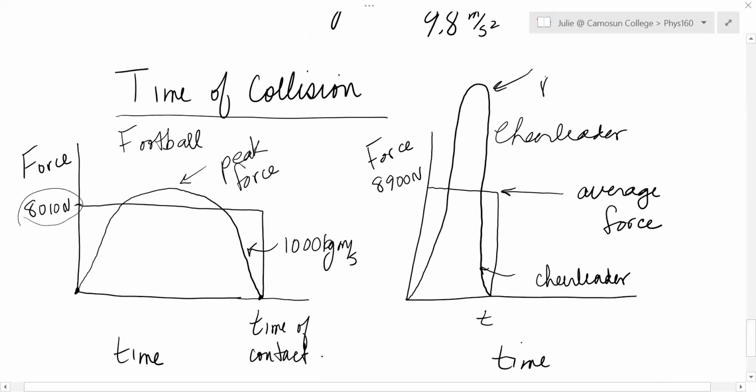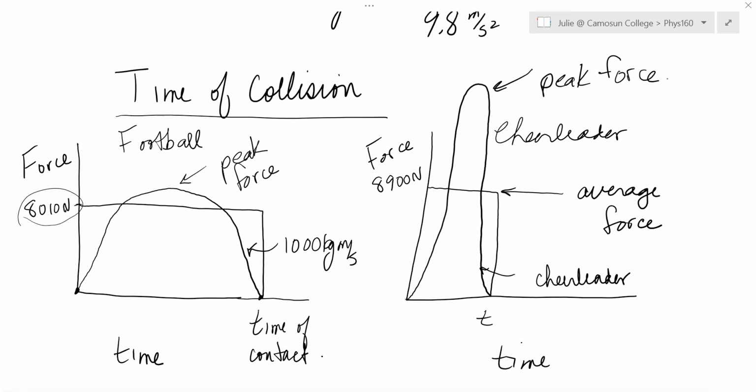This is the peak force, and it's going to be way bigger than that 8,900 newtons. So that's the thing doing all the damage. It's a much bigger force. And so for all the calculations that we did for stress on your body, you would be better off to use this peak force. Okay, so there's some comparisons.